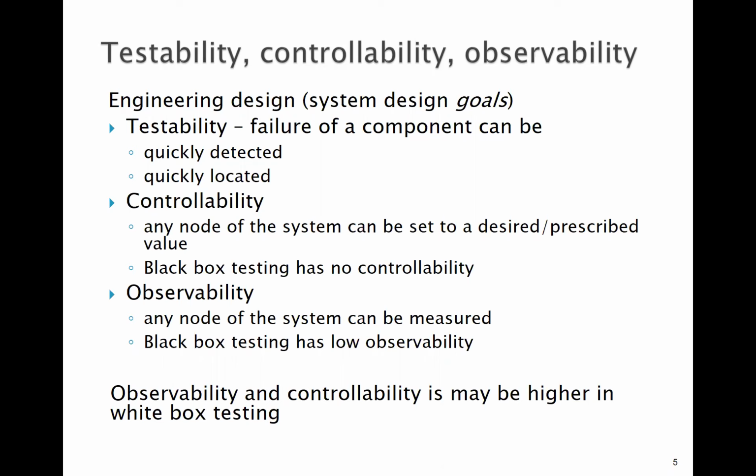And finally, observability. If any node of the system can be measured, then that's observable. As we expected, black box testing has low observability, while white box testing may have some higher observability.